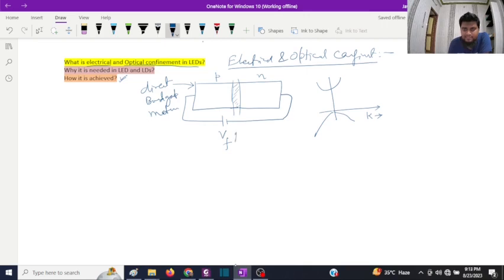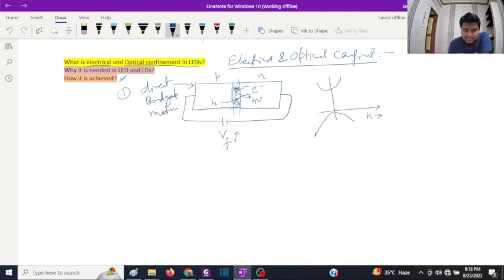As you increase the forward bias, more electrons diffuse into this region and holes diffuse from the P region, so there will be a high concentration of electrons as well as holes in the junction region. Because the material is direct bandgap, they combine and give you light. So this is how an LED works.